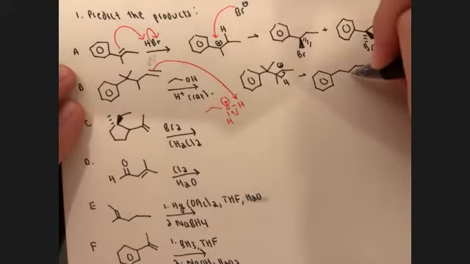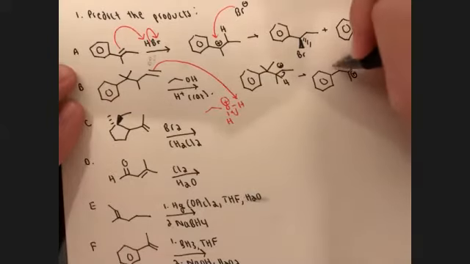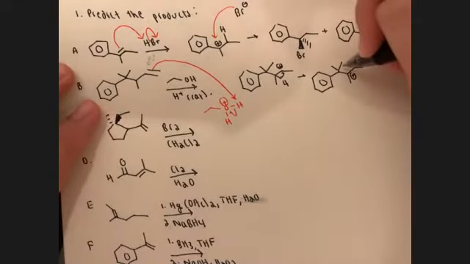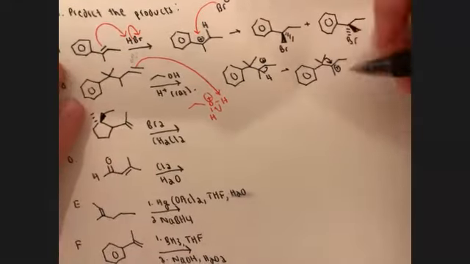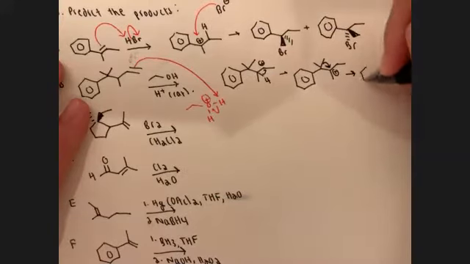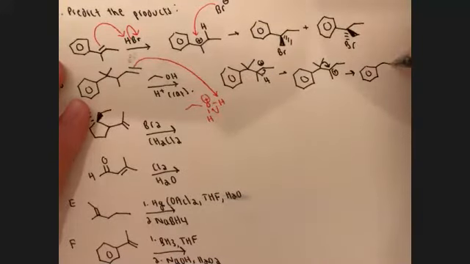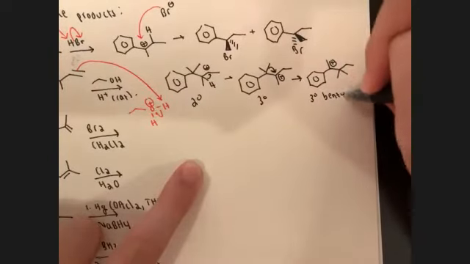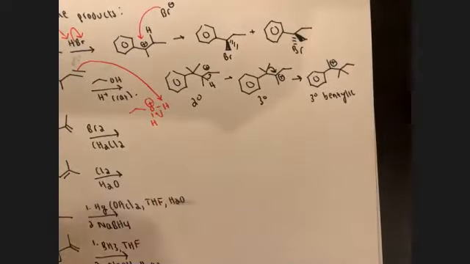Now we're left with a tertiary carbocation, but we can make it a little better by making a tertiary benzylic carbocation, so we can do one more consecutive shift. I'm moving an alkyl group over, and that results in this tertiary benzylic carbocation. Each time we go from secondary to tertiary to tertiary benzylic, so with each consecutive shift we're getting more and more stable.